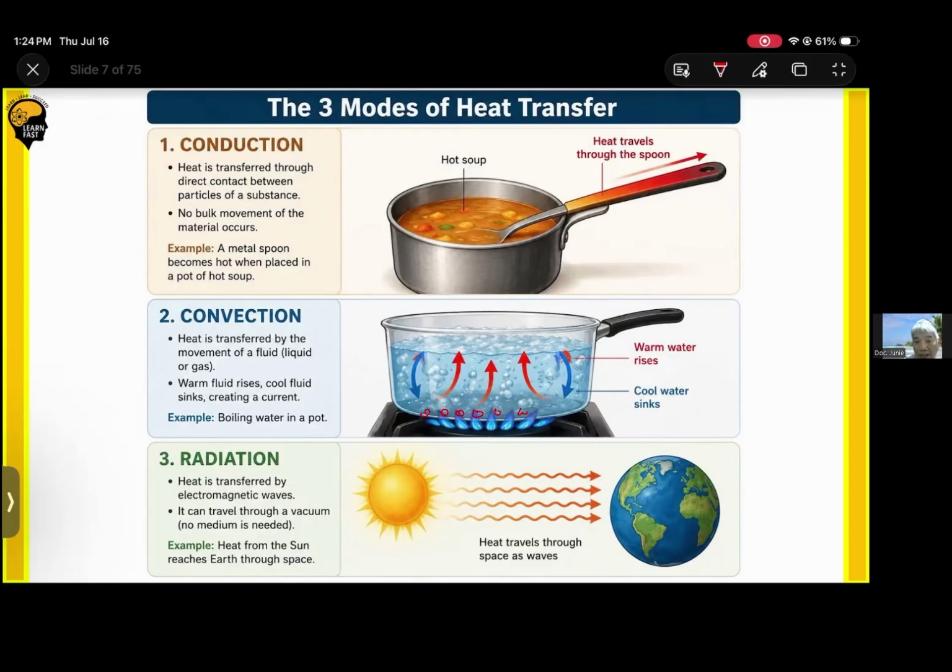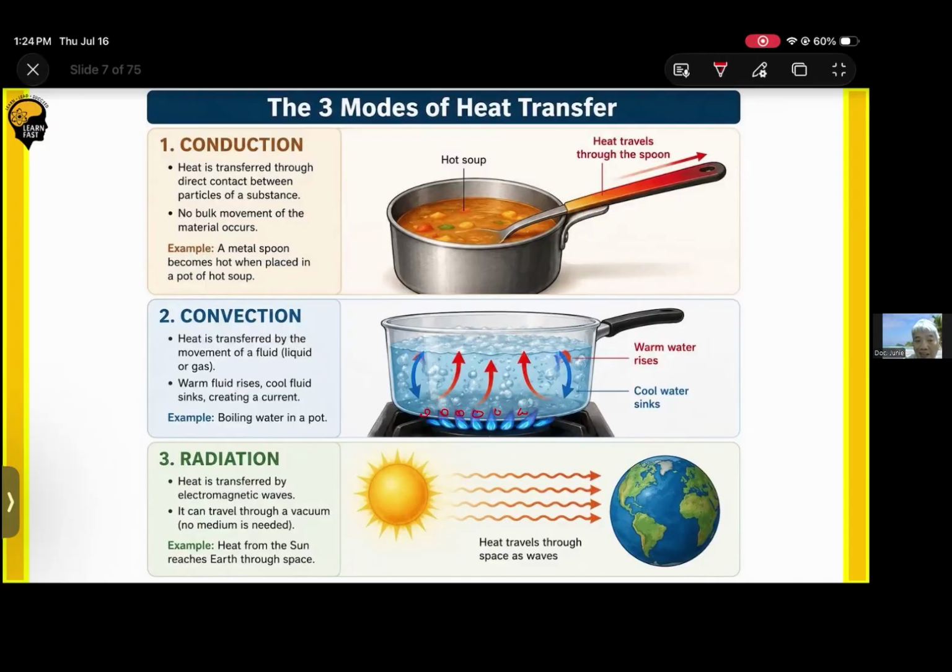The molecules of liquid or gases found on the top part of the fluid are more dense, so they will go to the bottom. The continuous flow of fluids from hot to cold, and from cold to hot, is called convection. Warm water rises up, cold water sinks. That's the principle of convection.